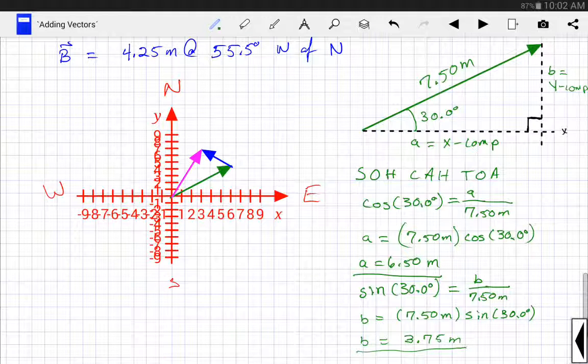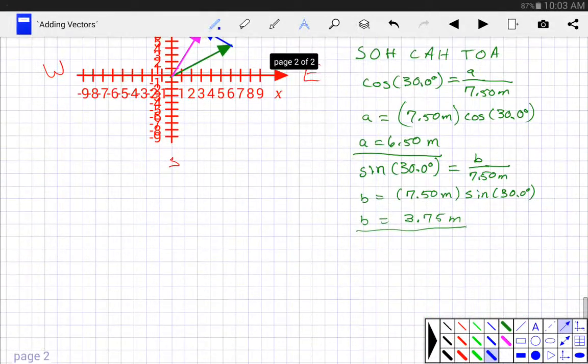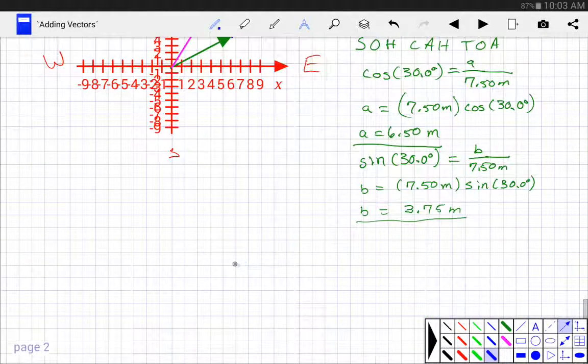Now let's do the components of the b vector. So the b vector, 4.50 meters at 55.0 degrees north of west. So I will draw 55 degrees north of west, something like this. 4.50 meters, 55.0 degrees.